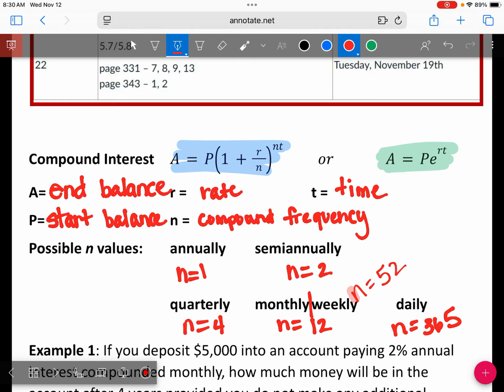The only time you use the second formula, with the e, does anybody remember from Algebra 2? What's the key word? Begins with a C. Continuously, yep. If it says it's compounded continuously, that is when we use A equals P e to the power of RT.